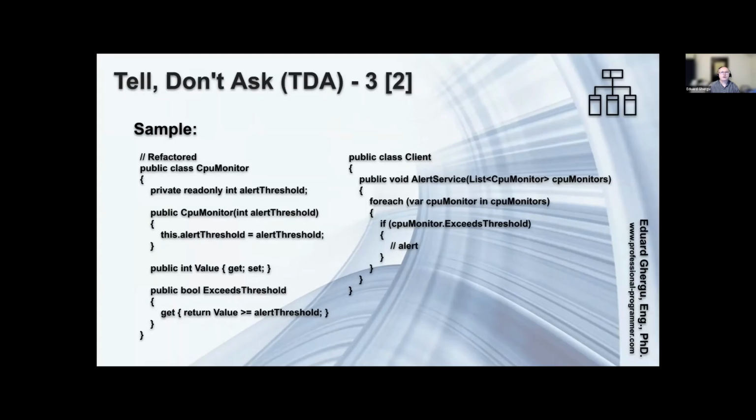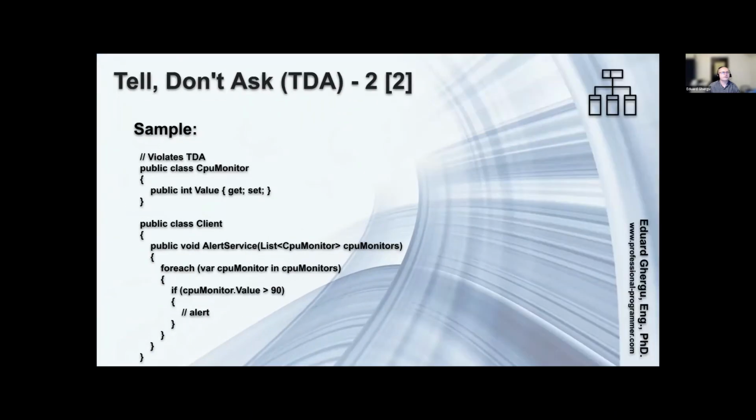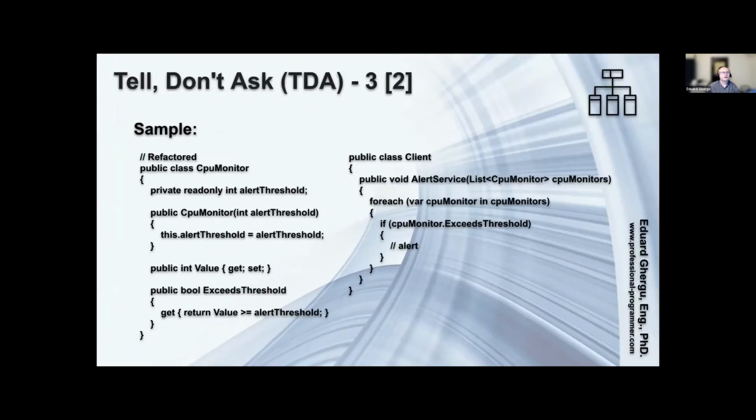So how can we refactor this? We will make some changes to the CPU monitor. Instead of having just this value, we are going to implement a mechanism that gets a threshold alert, which in the end can be that 90 that we have seen.